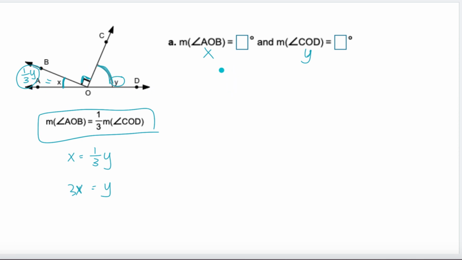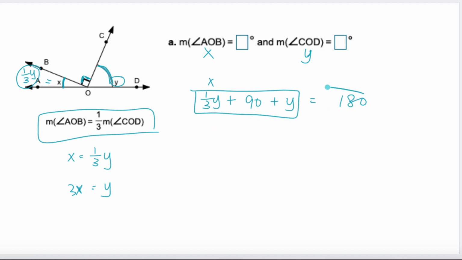So using the angle addition postulate, we know 1/3 of y plus 90 degrees plus y should be 180 degrees. Let me say this again. x plus 90 plus y is 180, but that x is the same as 1/3 of y.